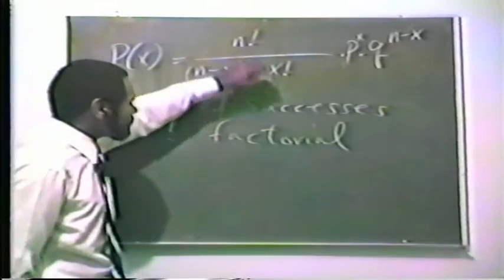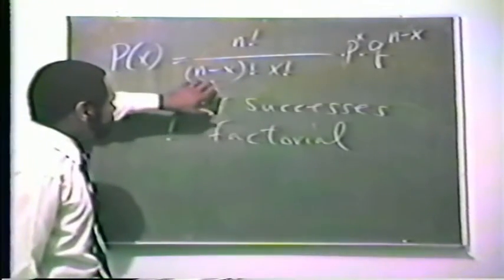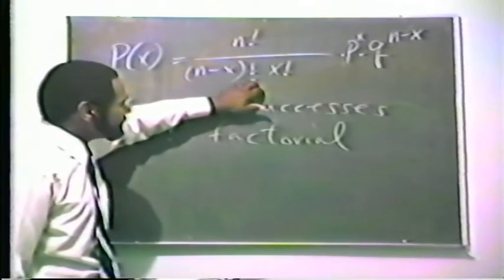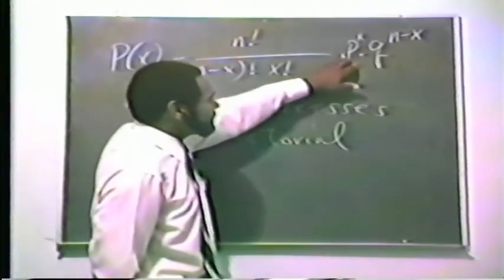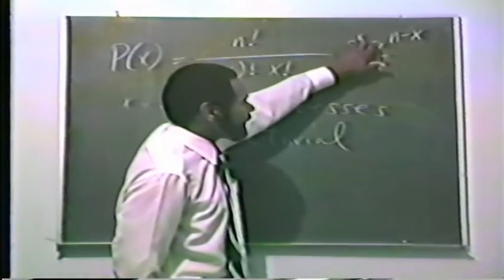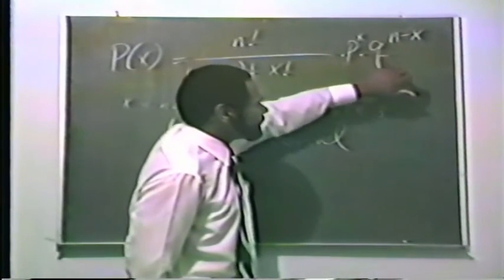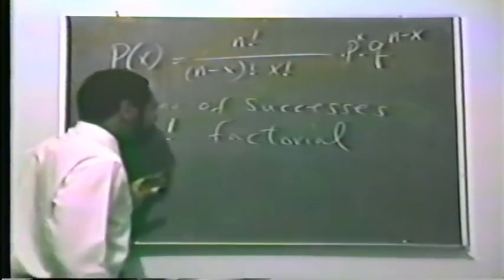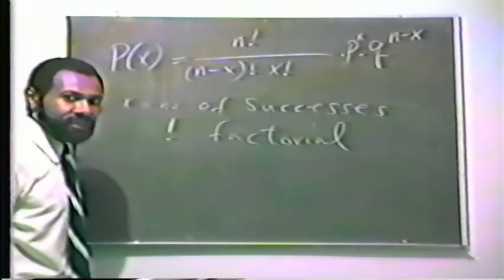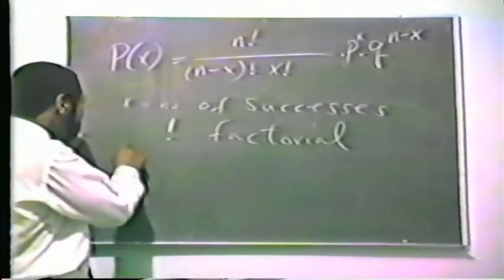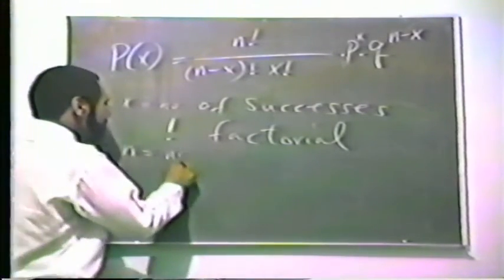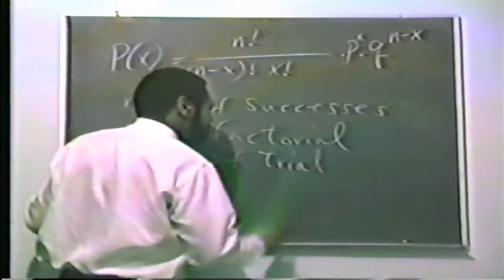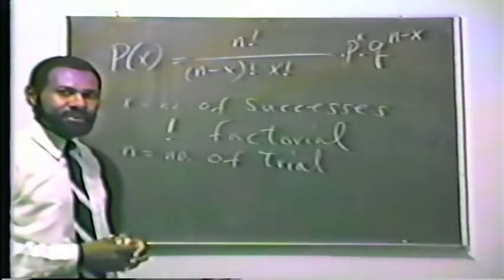So this is N factorial, over N minus X factorial times X factorial, times P to the X power times Q to the N minus X power. Now, as we said, X represents the number of successes that you're trying to find the probability of. N represents the number of trials, or we can say that it's the sample size.